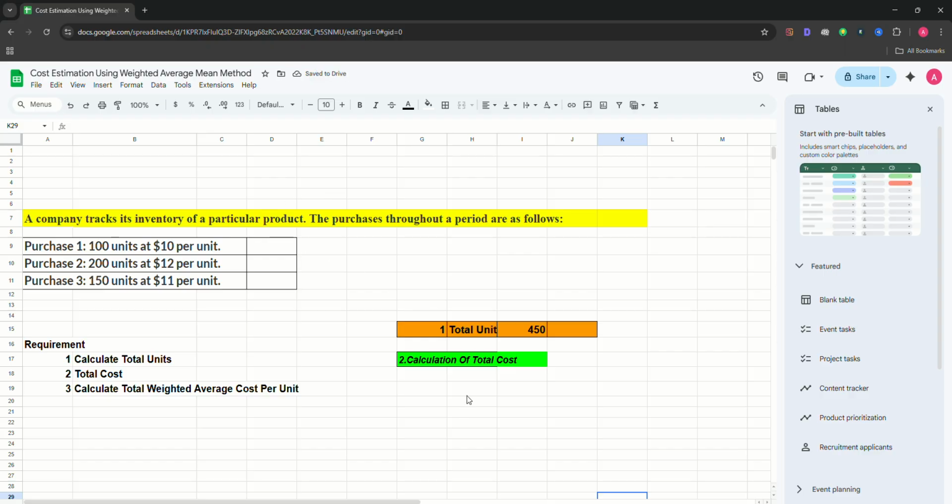For calculating total cost, I need to first multiply the number of units purchased by their price per unit.